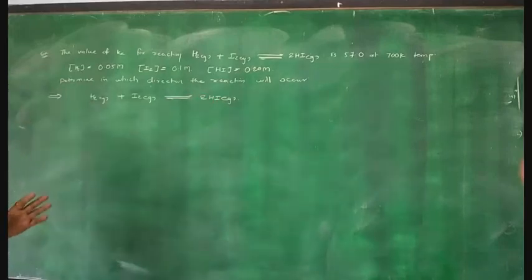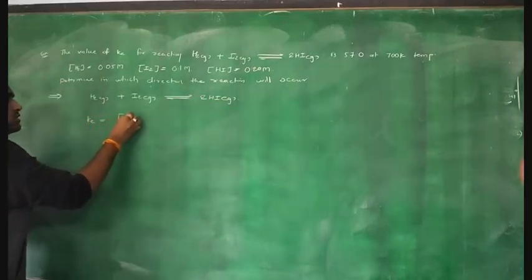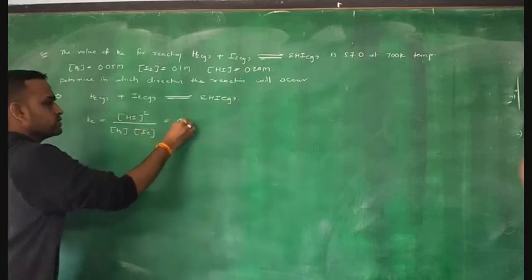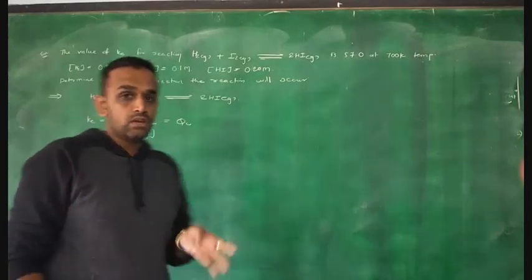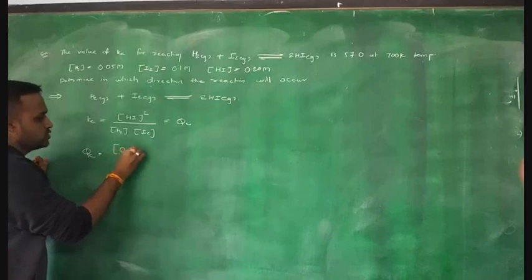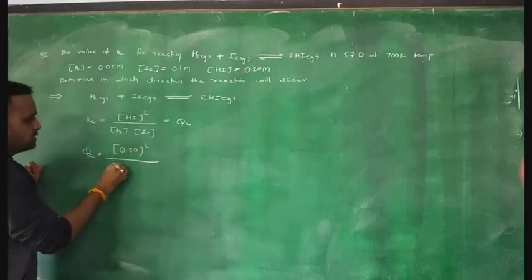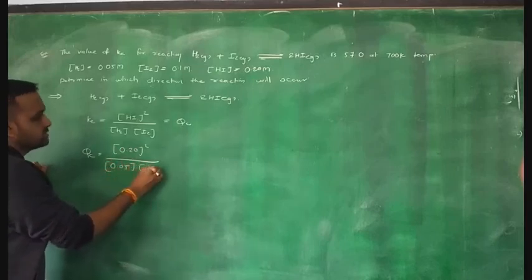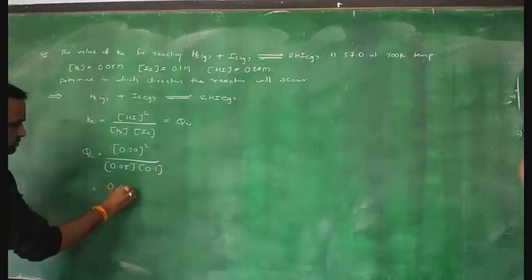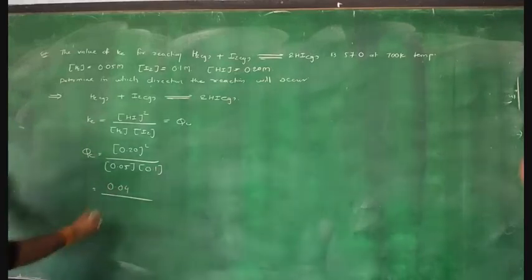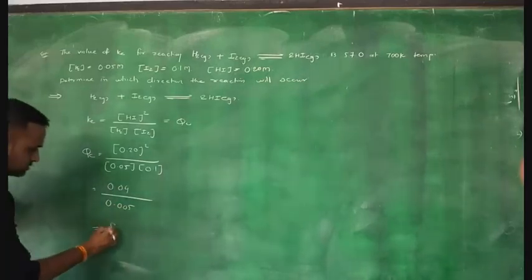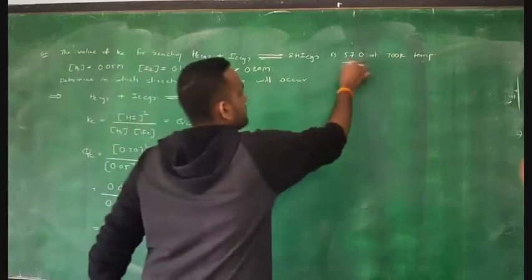Clear? चलो तो मैं यहाँ पे ऐसा लिख सकता हूँ कि Kc equals concentration of HI whole square upon concentration of H2 and concentration of I2, and that is equal to Qc. हमने पढ़ा है. अभी देखो कि Qc equals 0.20 का स्क्वायर डिवाइडेड बाय 0.05 एंड 0.1. सो यहाँ पे आंसर कैलकुलेट करो 0.04 डिवाइड बाय 0.005. तो यहाँ पे कैलकुलेट करना पड़ेगा, तो आंसर आएगा 8. तो यहाँ पे ये 57 दिया हुआ है Kc.